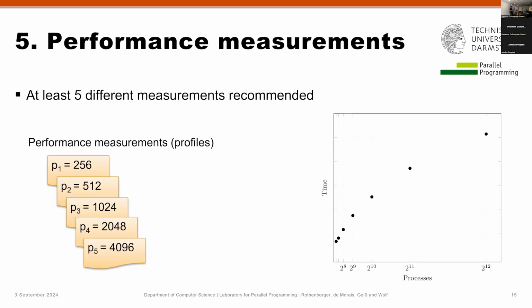Okay, and as a rule for our group, to consider something interesting, we take at least 5 different measurements, and you get the performance trend from these measurements. As an example here, I show different numbers of processes, and you can get an idea of how they scale.